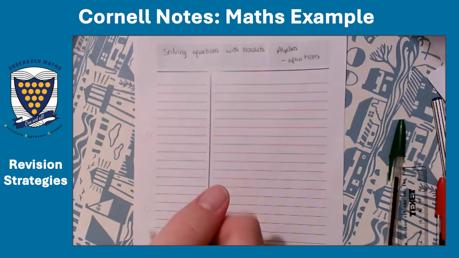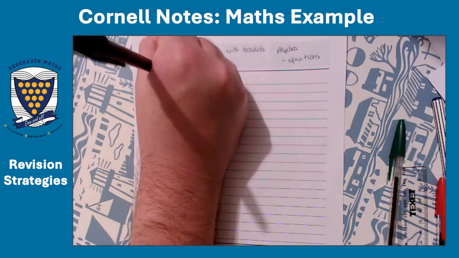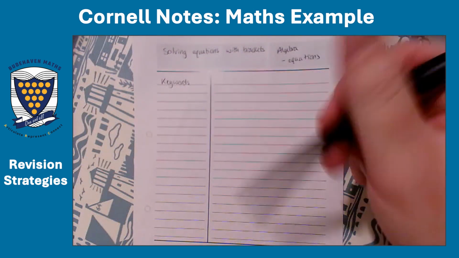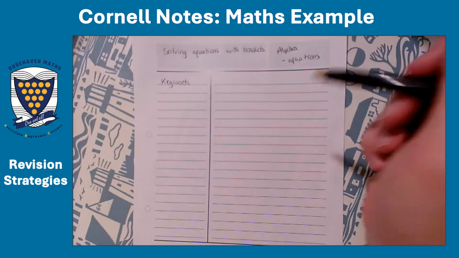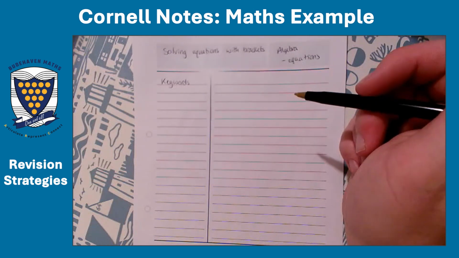Down this side we're going to write some keywords which we're going to fill in as we do the example, and in this section we're going to copy an example in. You could get these from places like Corbettmaths or from Sparx videos, or possibly an example from a revision guide.